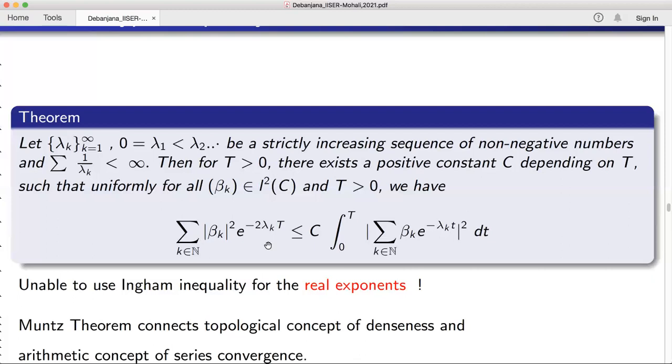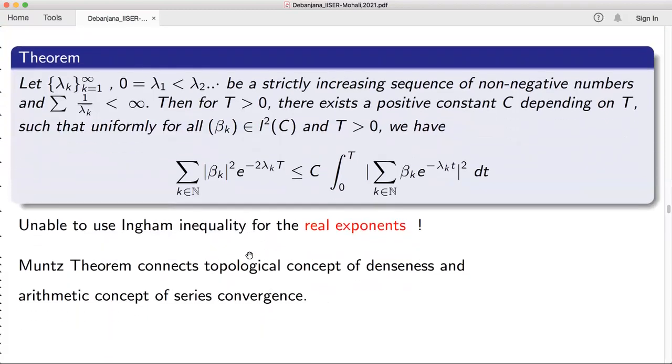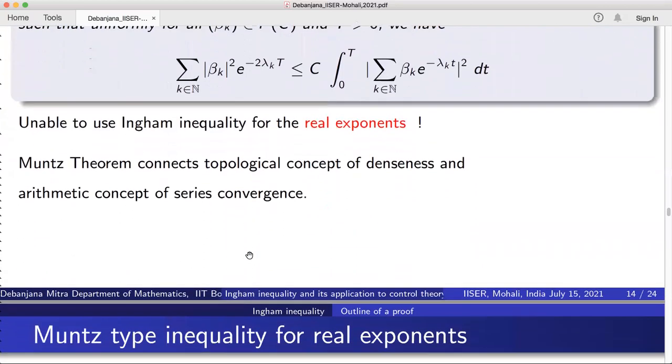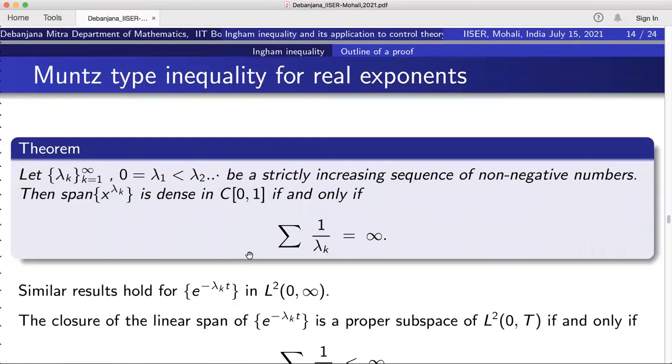Later I will call this a parabolic type inequality, and the previous one is hyperbolic type, because it was related to the wave equation, from the PDE point of view. I won't go into the detailed proof, but the main idea is this.